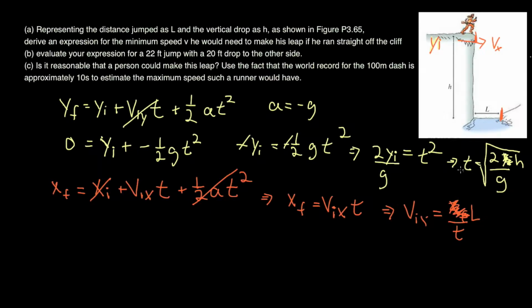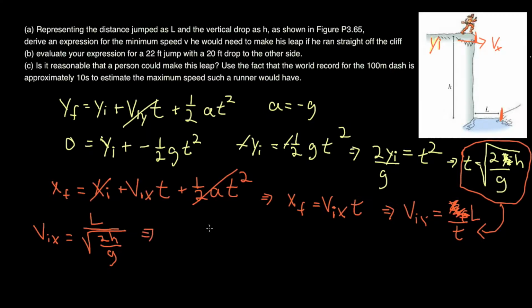So v_ix is equal to L over the square root of 2h over g. Just to make this a little cleaner, I'm going to write this as v_ix is equal to L times the square root of g over 2h.